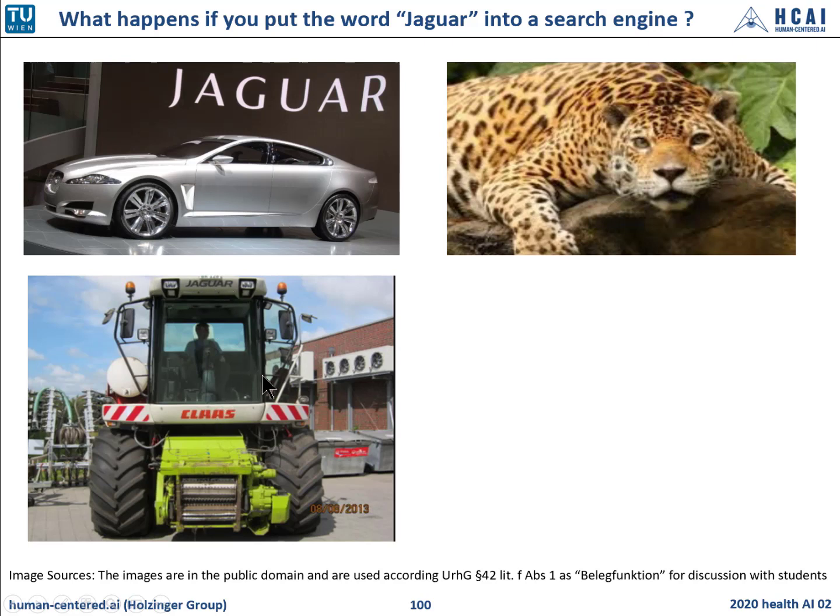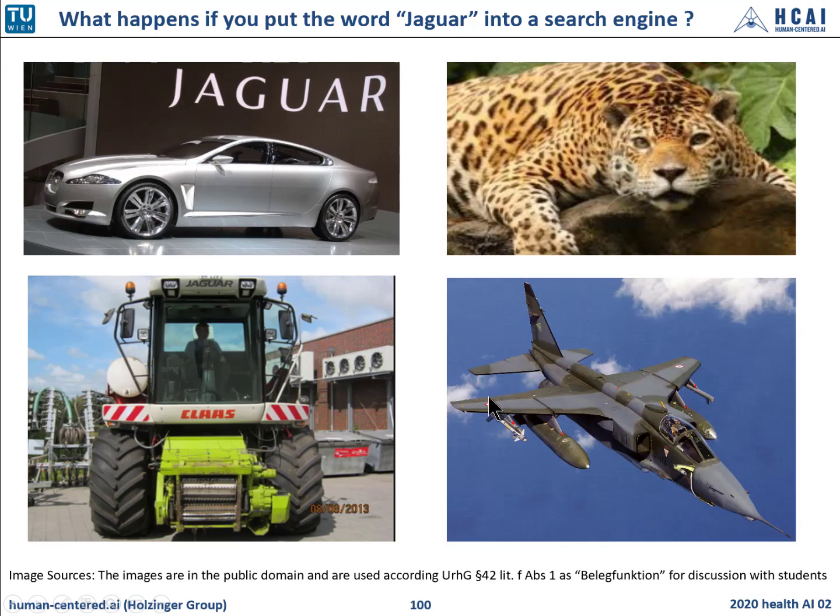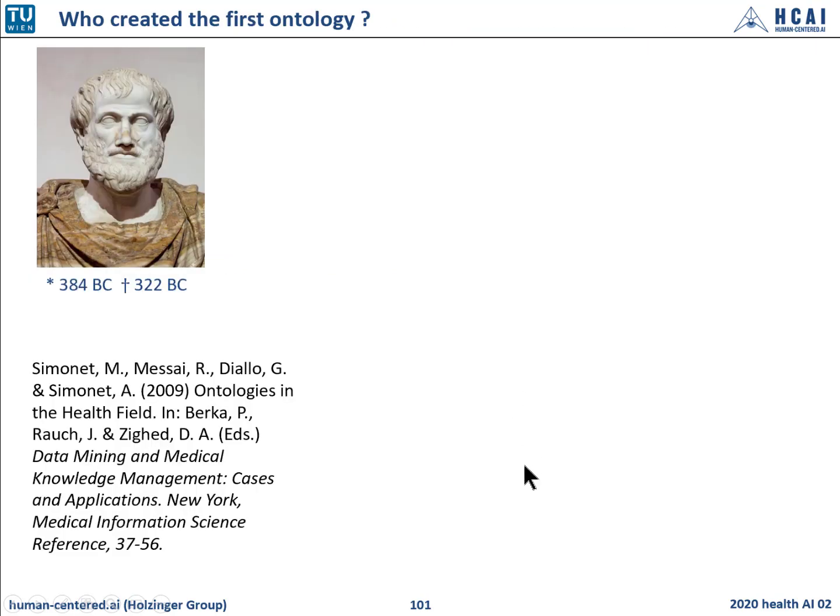So is it a sports car or tractor then? Or is it an aircraft? So you see, what Jaguar is it then? So without any context, the word Jaguar is useless. So we need meta information. So this meta information is information about the context. What do we know? In which context is the word Jaguar relevant for us?